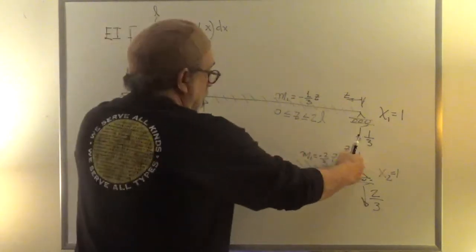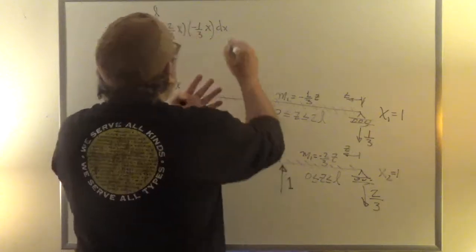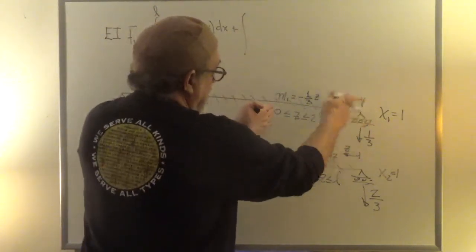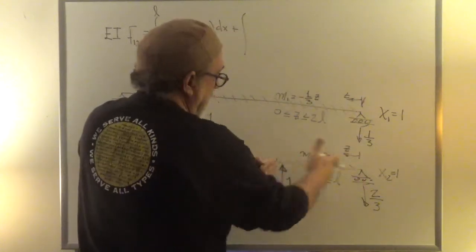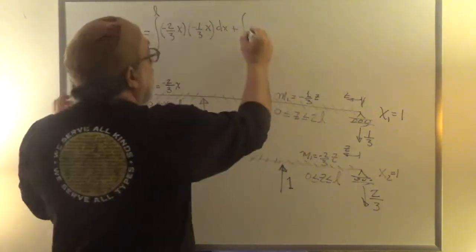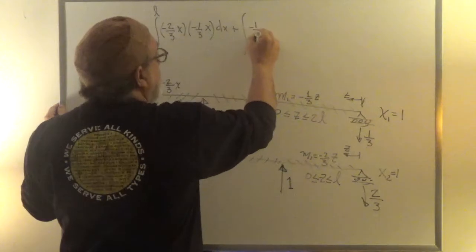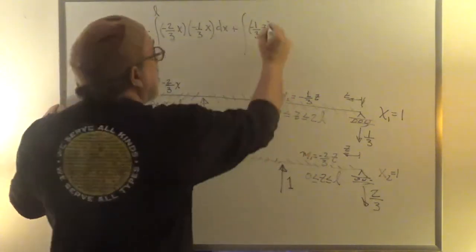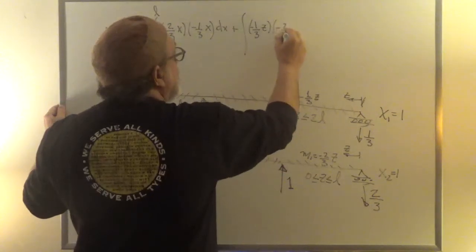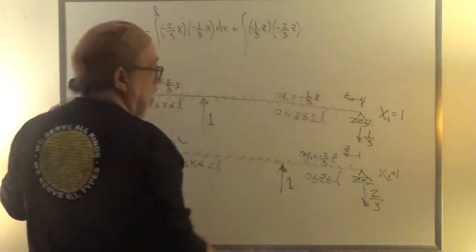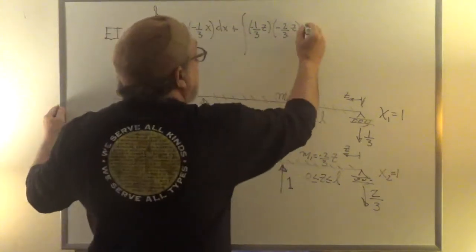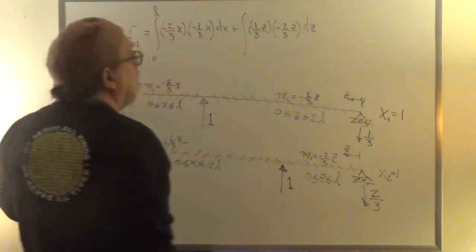Now let's do this chunk here, which is also non-controversial. So we say plus the integral. This one is valid here, and this one is valid here. So we can say minus 1/3 of z, right, multiplied times minus 2/3 of z times dz, right?